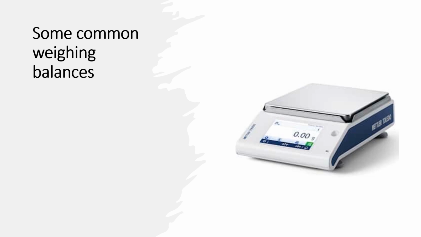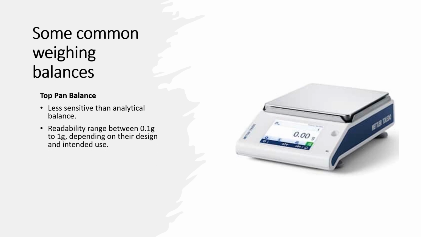Now the third is the top pan balance. This balance is less sensitive than the analytical balance, and the readability range for this balance shall be between 0.1 gram to 1 gram depending on the design and intended use.